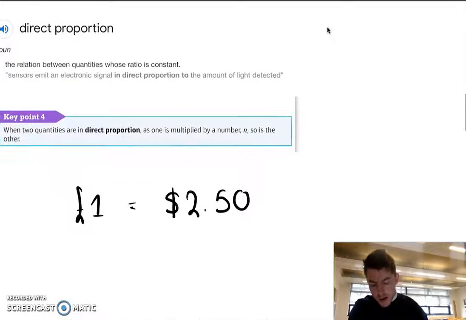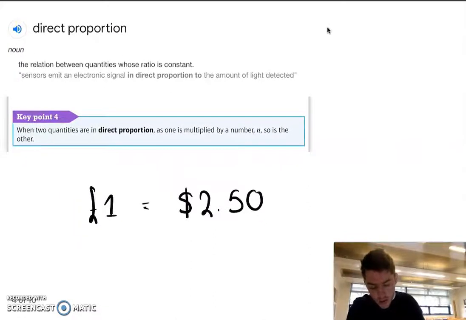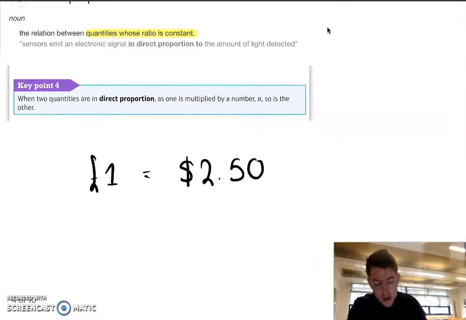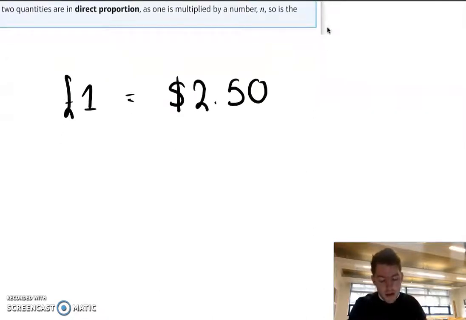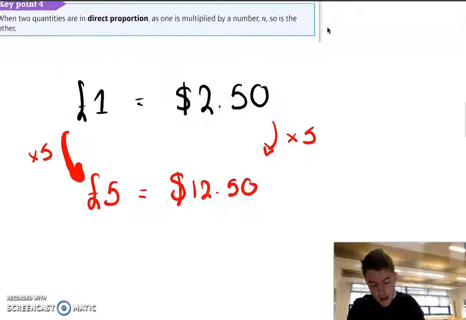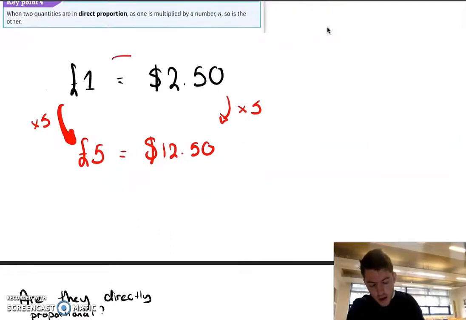Okay, direct proportion is the relationship between two quantities whose ratio is constant. So when two quantities are in direct proportion, as one is multiplied by the number n, so is the other. So if I said that £1 is $2.50, then if I times that by 5, then £5 equals $12.50, in the same way as they're going up by a multiplication of times 2.5.